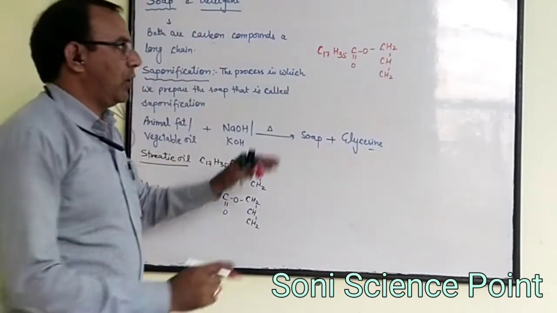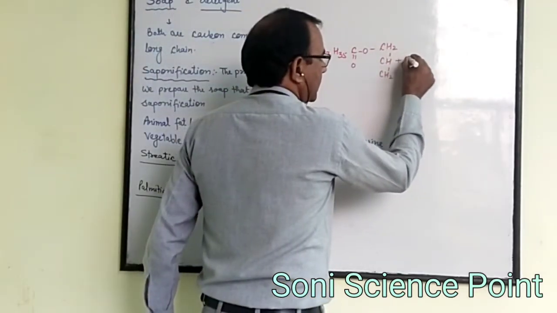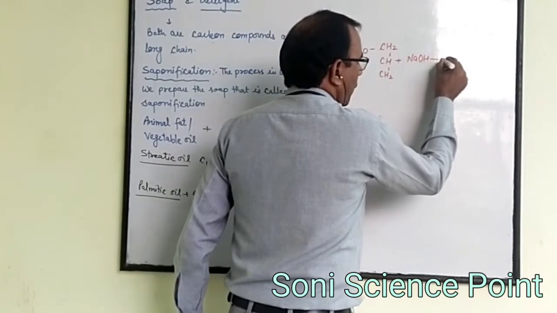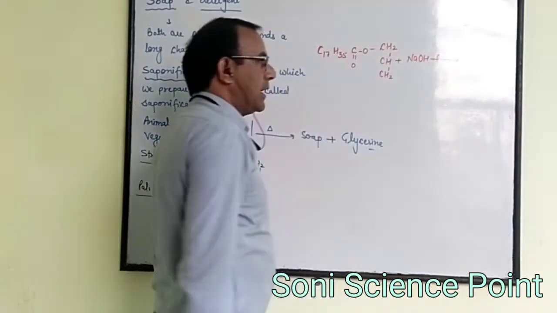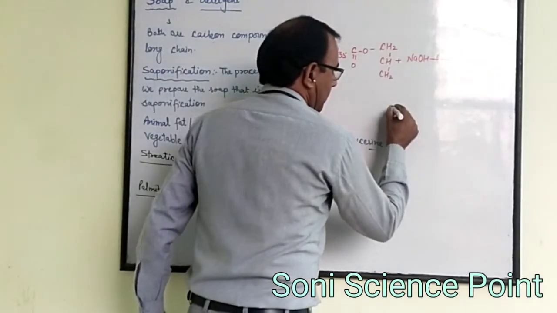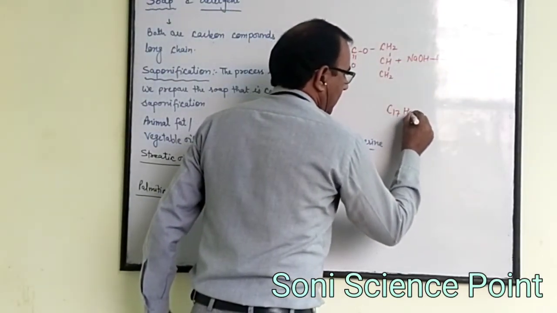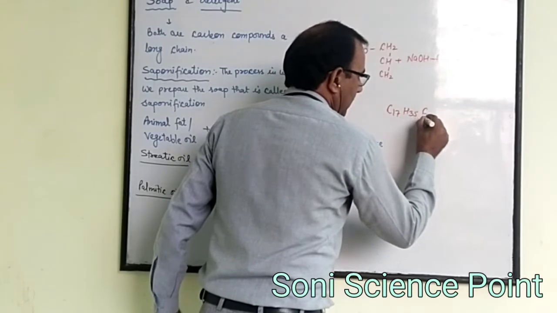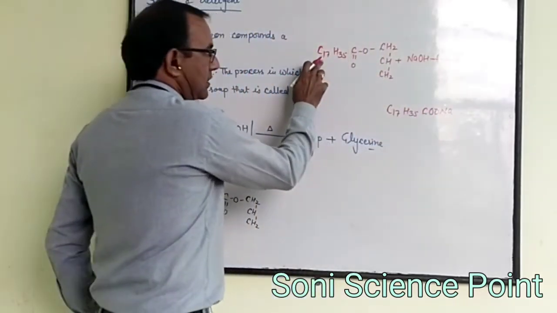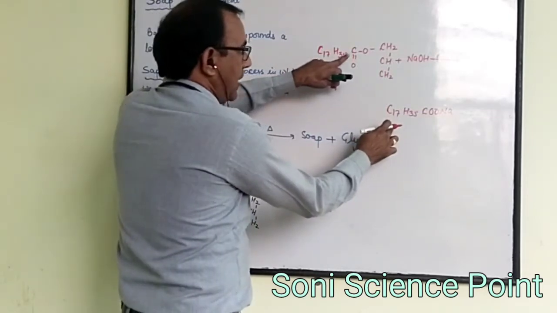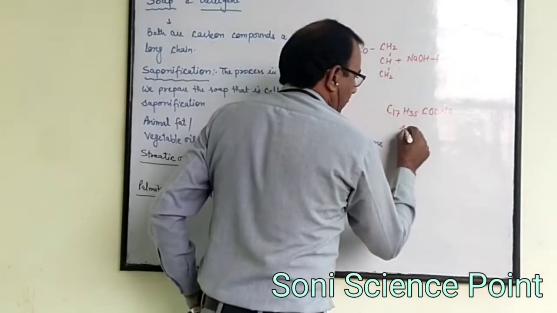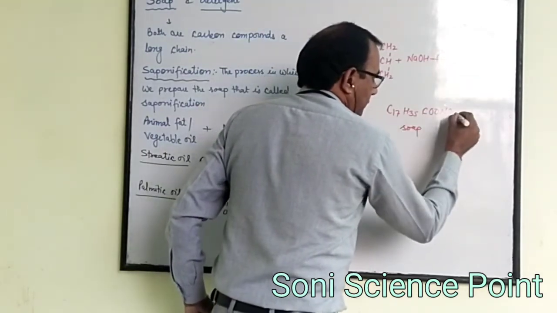When this stearic oil is heated in presence of sodium hydroxide, NaOH, we can obtain soap. The chemical formula of soap is C17H35COONa. It means C17H35COO, and this Na comes here. This is the chemical formula of soap.